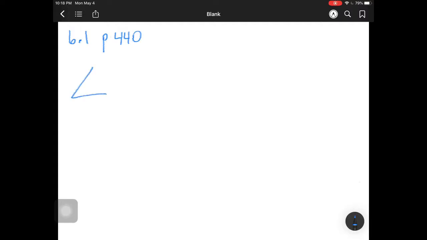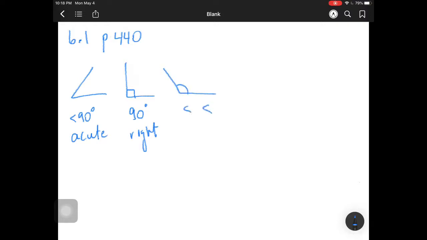An angle that is less than 90 degrees, we call it acute. An angle that is equal to 90 degrees, we call it a right angle. An angle that is between 90 degrees and 180 degrees, we call it obtuse.